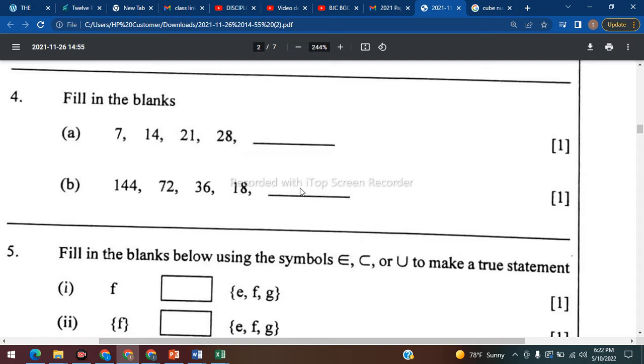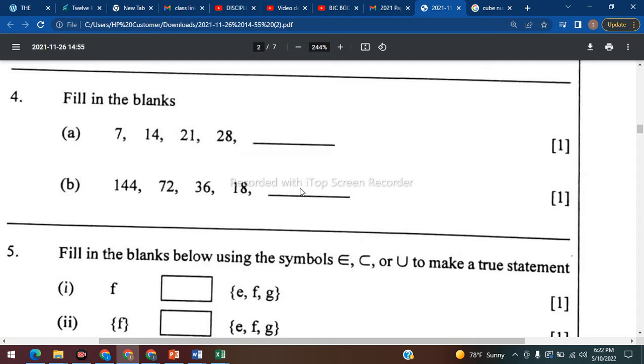What is it? Because when you minus 72 from 144, you get 72. Then when you minus 36 from 72, you get 36. You minus 18 from 36, you get 18. Oh wait, did I do something wrong?